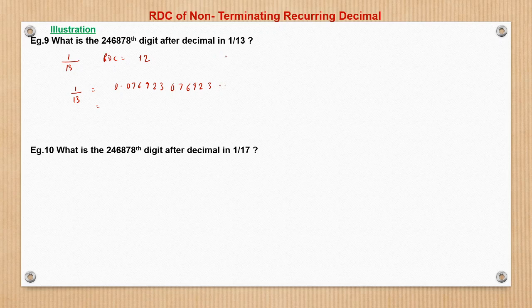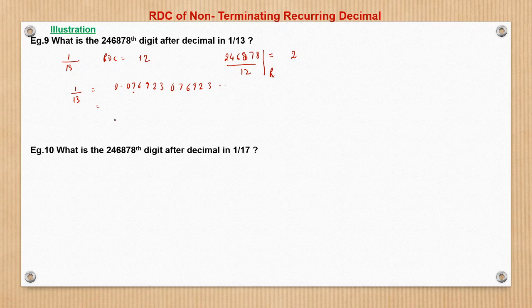We check 246878 divided by 12, and what is the remainder? The remainder is 2. So we concentrate on the second digit after the decimal. If 12 digits form a repeating pattern, the second digit is 7.